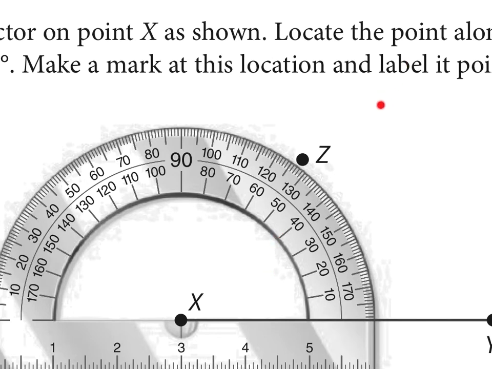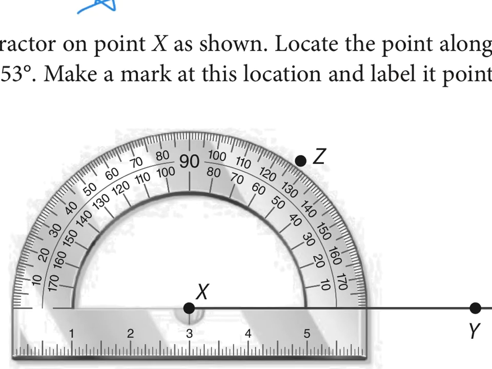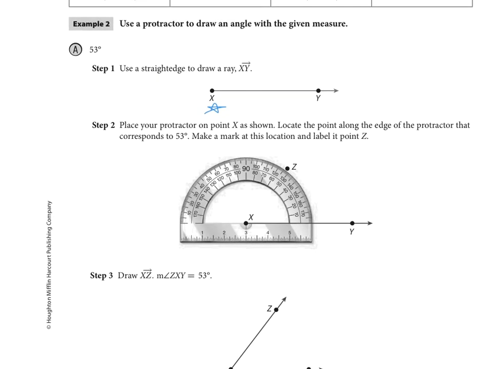So zoom back out. And then wherever you put the point Z, you're going to connect the other side of the angle. It's pretty straightforward. Really the most important thing here is just making sure you read the right numbers.